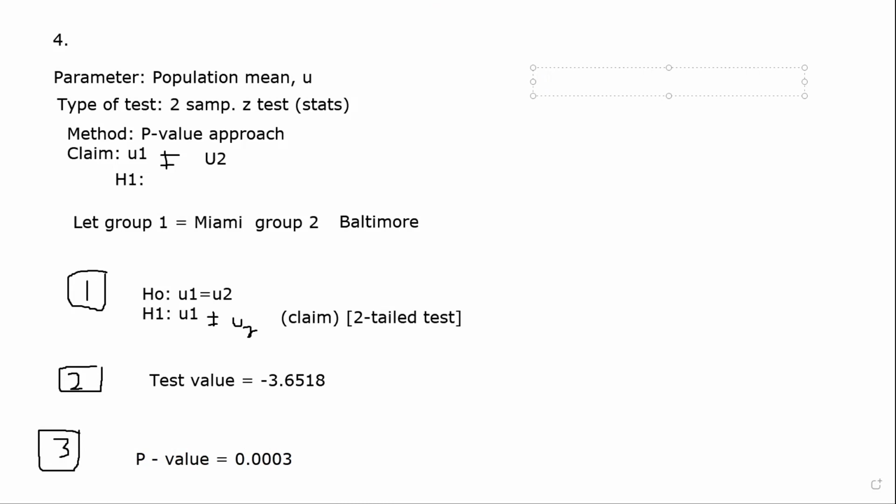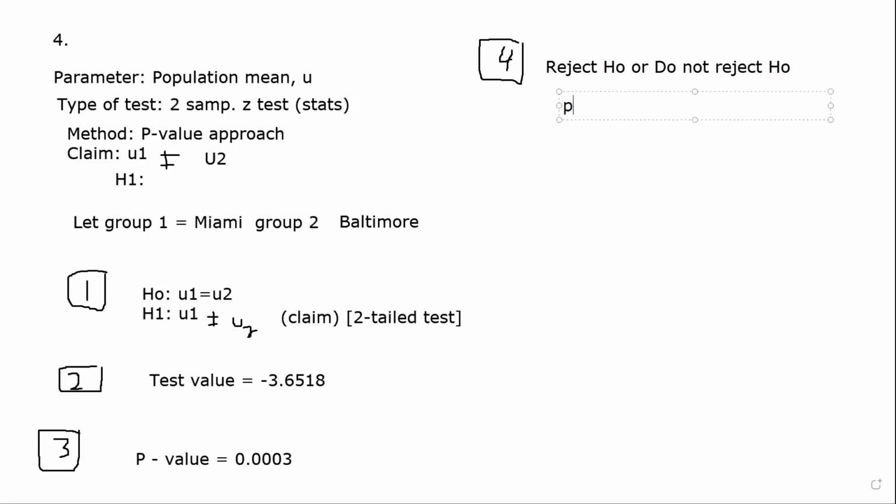Now my decision is the next thing. So my step 4 here is going to be reject or do not reject the null hypothesis. So we have reject H0 or do not reject H0. And so we're using the p-value approach.